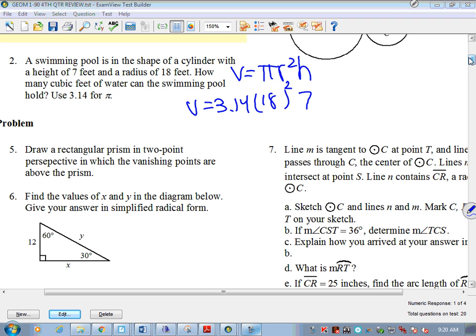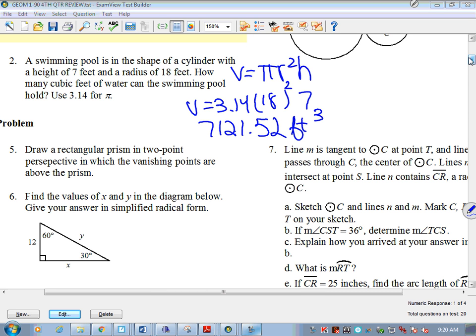They don't say where to round it, so we come out at 7,121.52, and my unit is feet, but it's volume, so it's cubed.